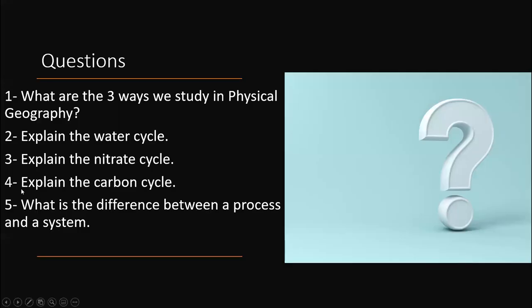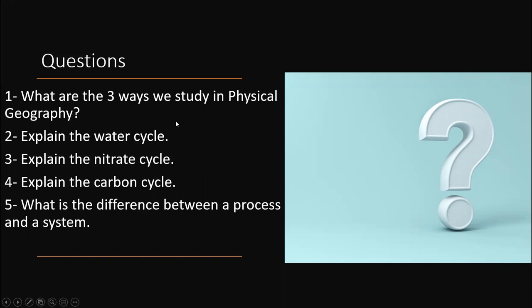All right, questions again. What are the 3 ways we study in physical geography? Three different things. Explain the water cycle, explain the nitrate cycle, and explain the carbon cycle. And you can use your own words. It doesn't have to be the nitty-gritty details as long as you have the overall explanation.